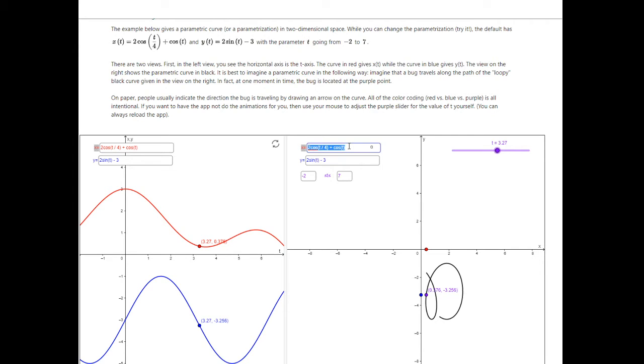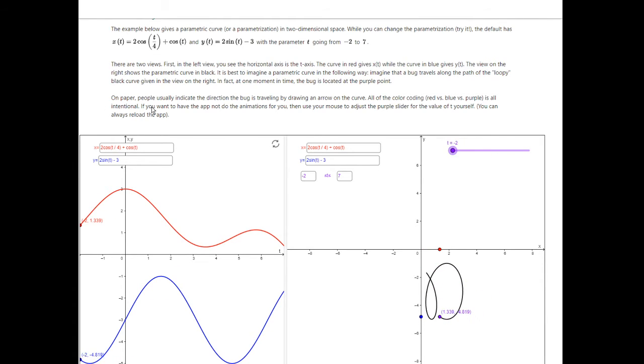For 3.27 for t, it's getting a value of x that happens to be 0.376, and a y value that happens to be negative 3.256. Okay, and let's just keep increasing t, and you'll notice this curve that we have here happens to intersect itself. That's just a coincidence that occurred.